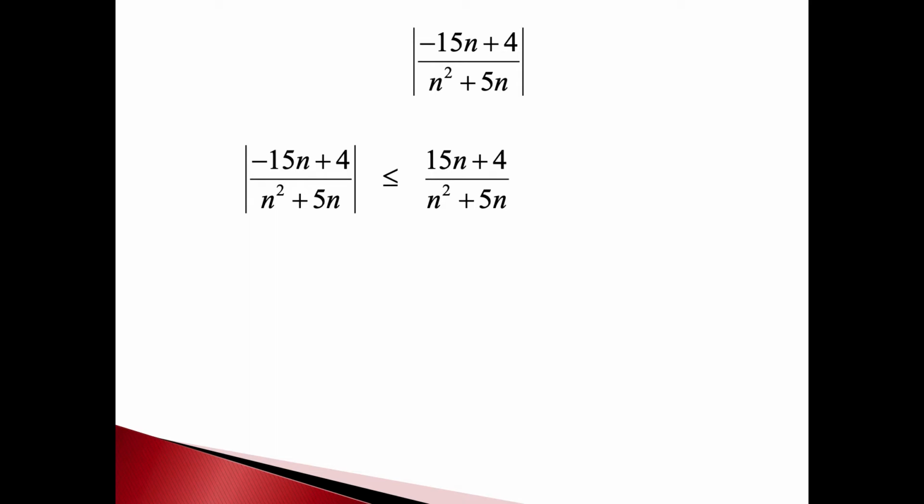Okay, so if we buy that we can get rid of the absolute value on the top and turn that negative 15 into a plus 15, that'll make us bigger. That's okay. We can keep getting bigger as we go along, because again, the idea is we get less than or equal to, less than or equal to, less than or equal to, and eventually less than epsilon.